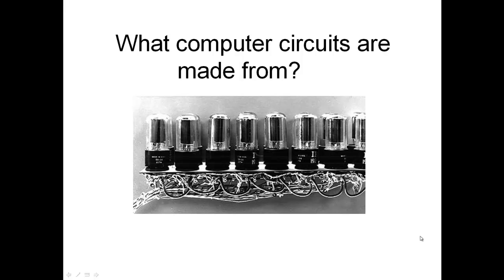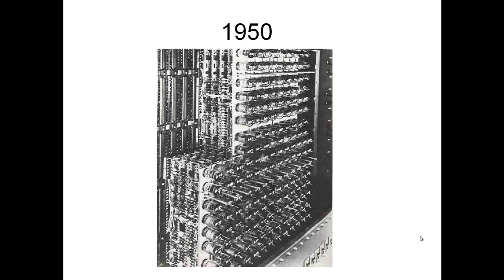So, what are computer circuits made from? Early electronic computers in the 1940s used vacuum tubes to create logic switches. Later, the transistor replaced the vacuum tubes in the 1950s.